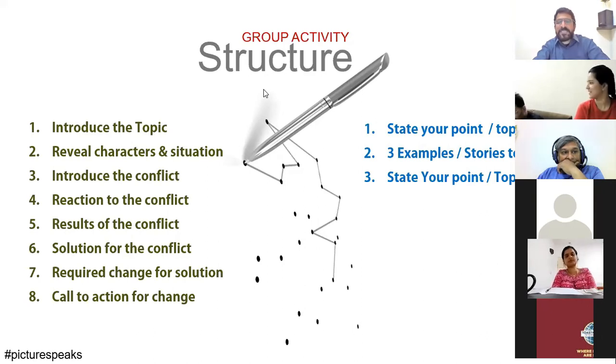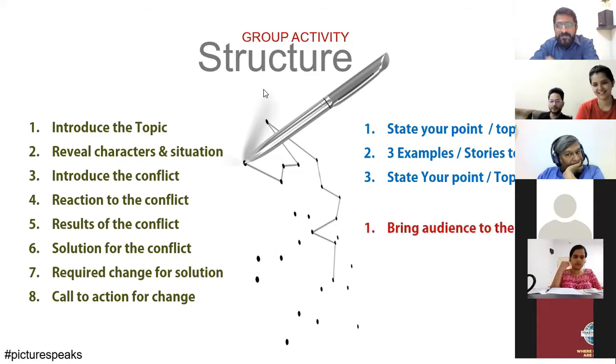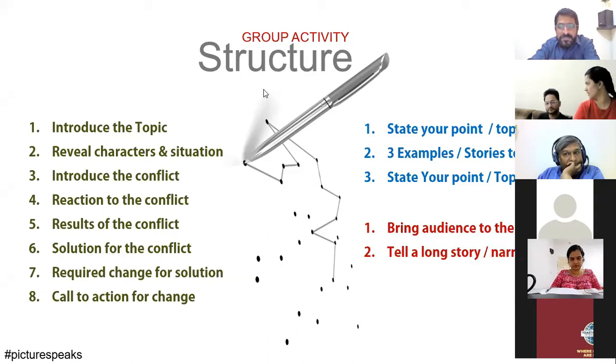This is the second style of writing your speech. And there is a third style, which is to bring the audience to the plot. You don't have to make any statement. You don't speak about the topic in the beginning. You just say something which brings the audience to the topic, slightly telling a story or narrating an incident from there.